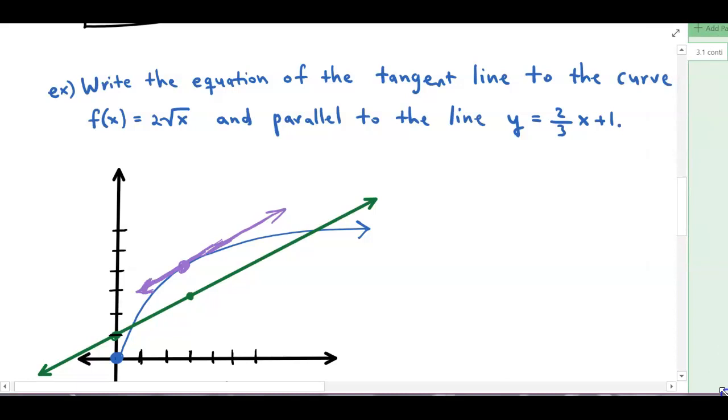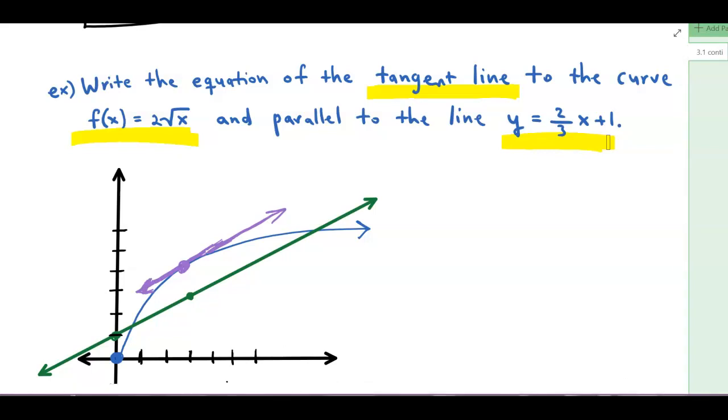All right, so in the next example, it says write the equation of the tangent line. We know what that is. Tangent line, we know that equation, to the curve f of x equals 2 radical x. So that's our function, and it's parallel to this other line. I wanted to start off by just showing you a picture of what we're trying to do and then solve it.